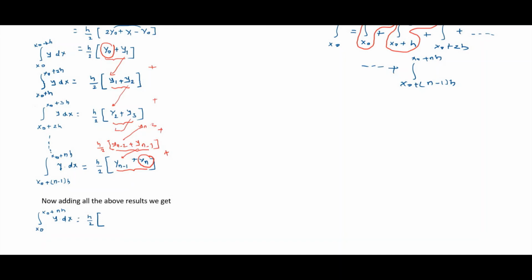So in this case, I will write first the non-repeated terms: y0 plus the last term yn. Except these two terms, the middle terms are repeated 2 times, so that is 2 into bracket y1 plus y2 plus y3 plus and so on up to y(n minus 1). So this is called the trapezoidal rule.